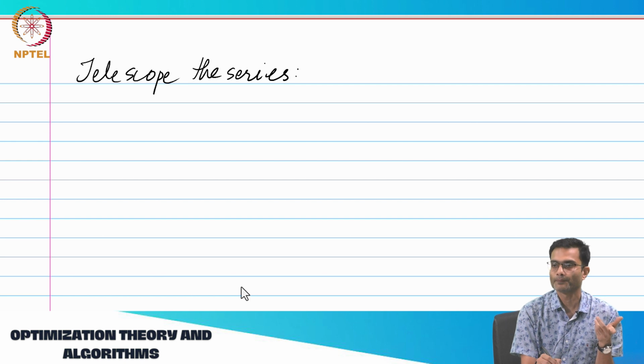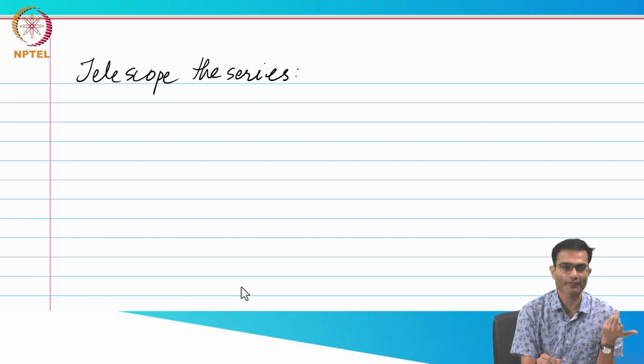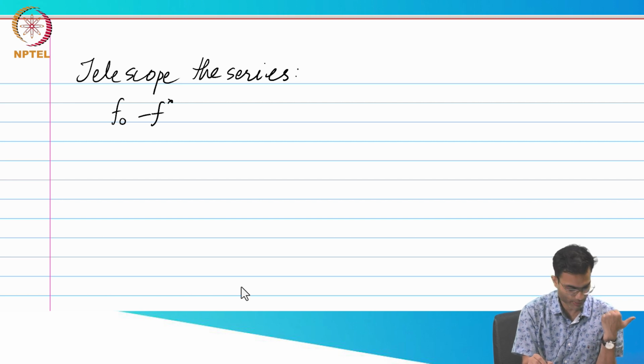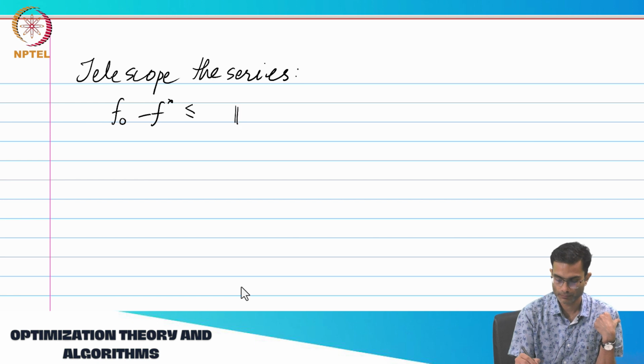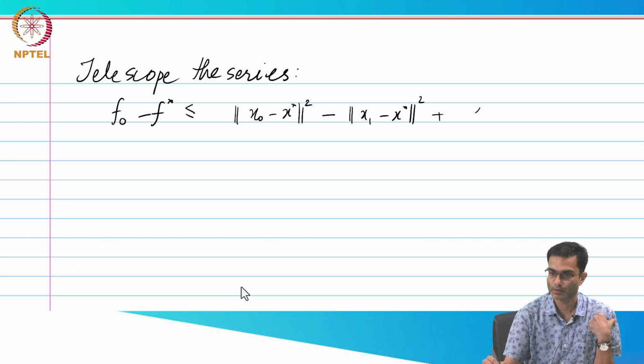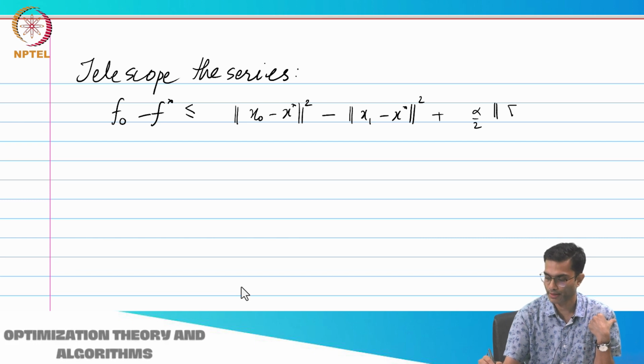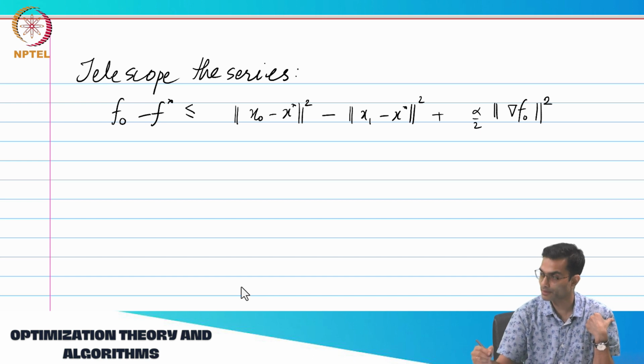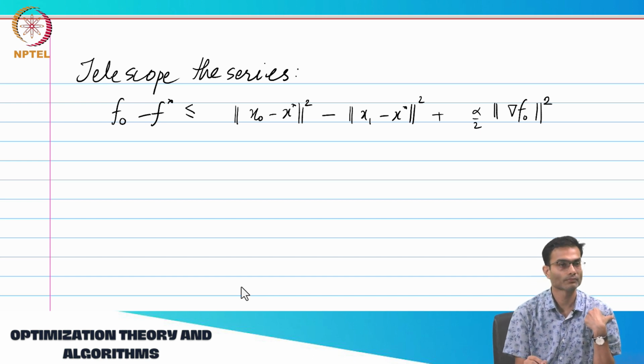The first term in terms of f would be f0 minus f star, less than or equal to, first term will be x0 minus x star squared, then x1 minus x star whole squared, plus alpha by 2 grad f0 squared, right? That's the first term. Everyone agree?